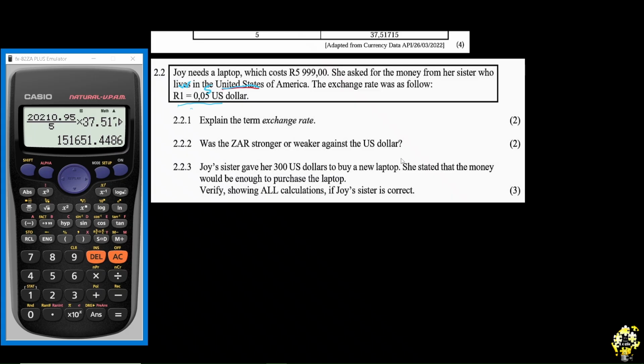Now explain the term. What manner of English is this that I've been speaking lately? The term. Explain the term exchange rate.